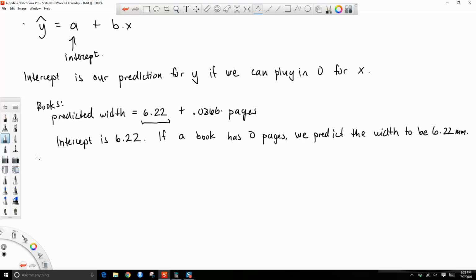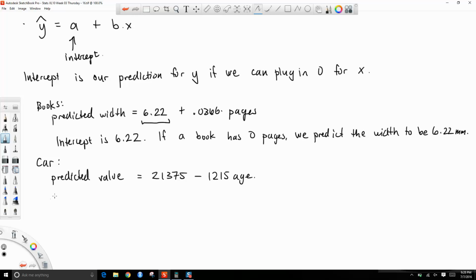Again, all of these are predictions. As for the car, we said predicted value, or value hat, was equal to 21375 minus 1215 times age.